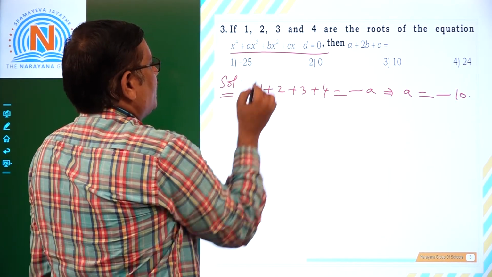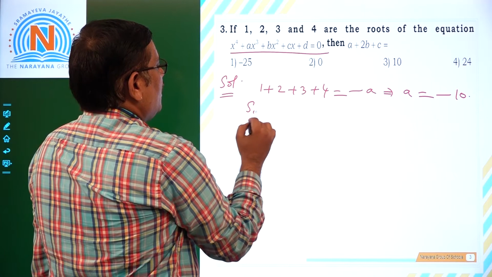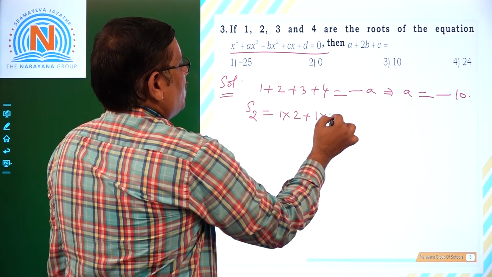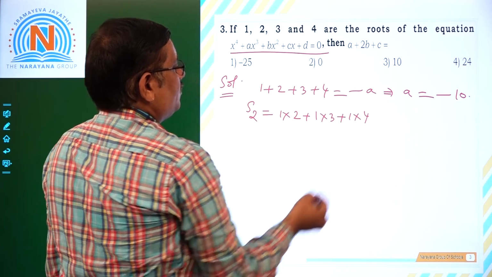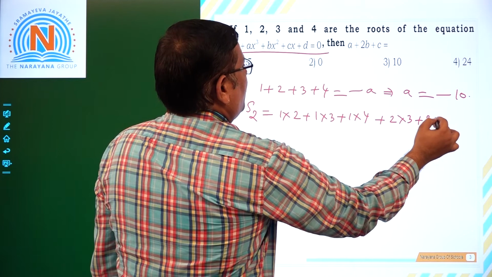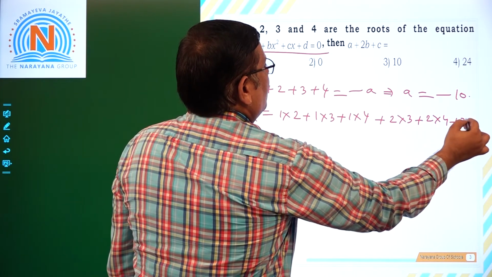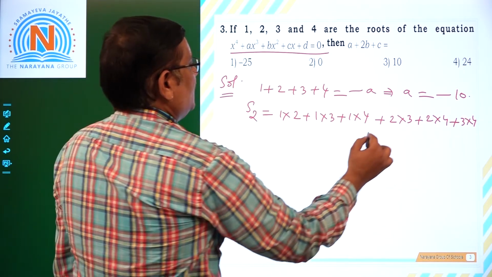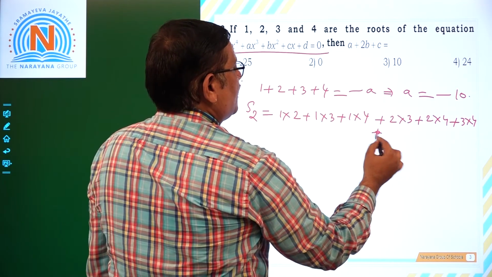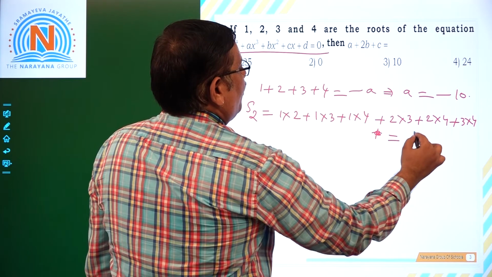Next, the product of the roots taken two at a time. S2 is equal to 1 into 2 plus 1 into 3 plus 1 into 4 plus 2 into 3 plus 2 into 4 plus 3 into 4. Here 1, 2, 3, 4, 5, 6, that's it. That is given by b.